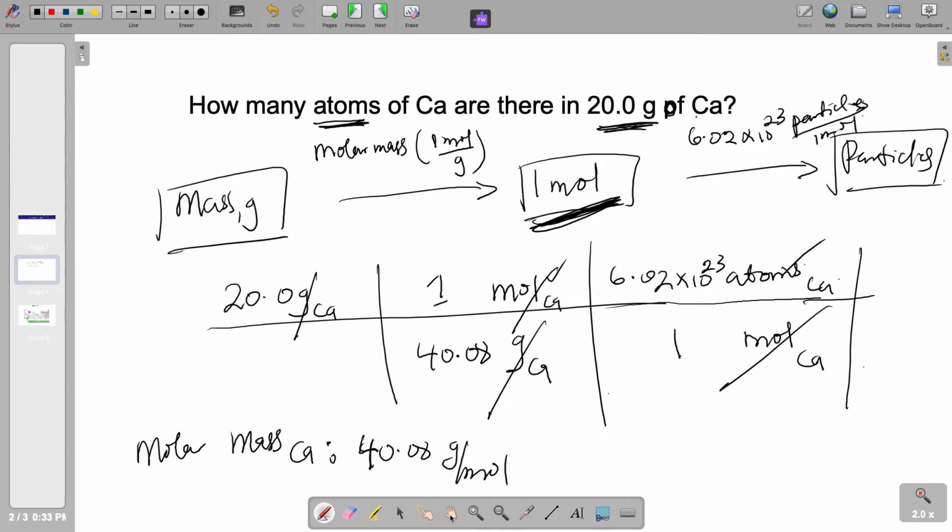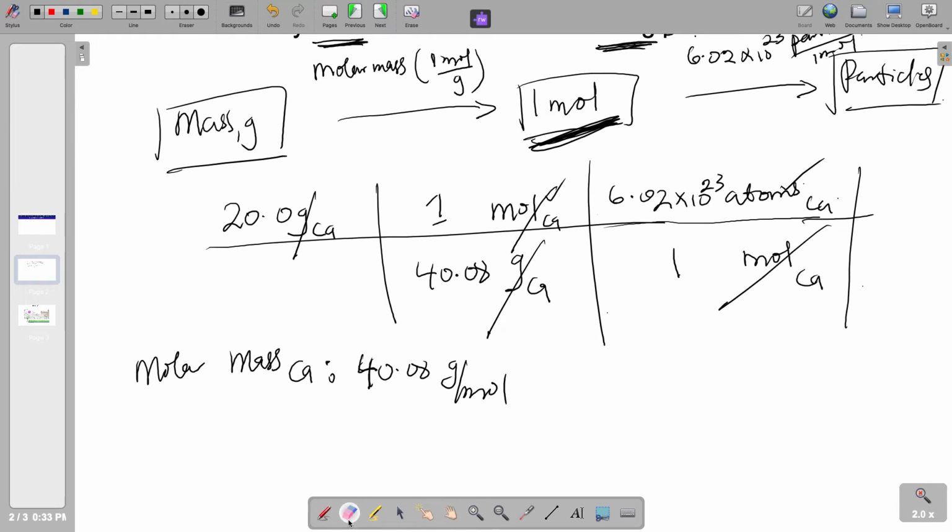So now we'll proceed to multiply and then divide. As you've seen, the horizontal line just means division, and the vertical lines just mean multiplication. So basically I'll multiply 20.0 by 1 by 6.02 times 10 to the power 23, divided by 40.08. Anything divided by 1 is still the same thing.